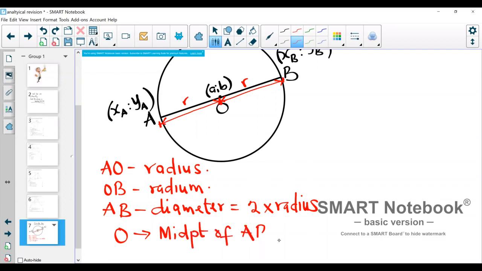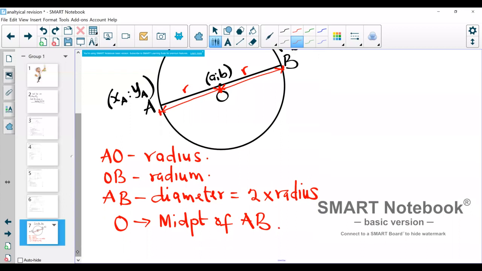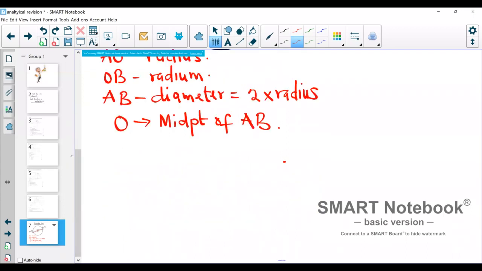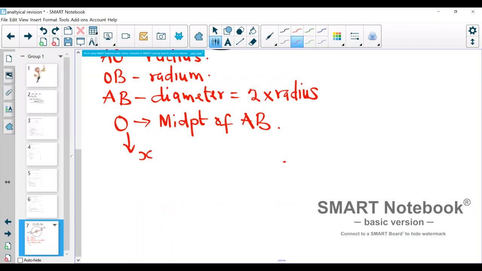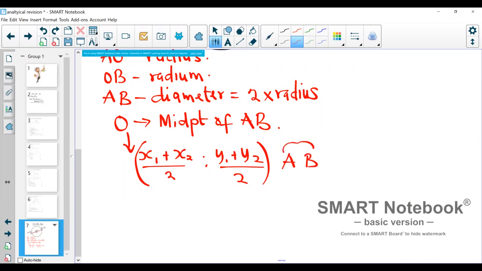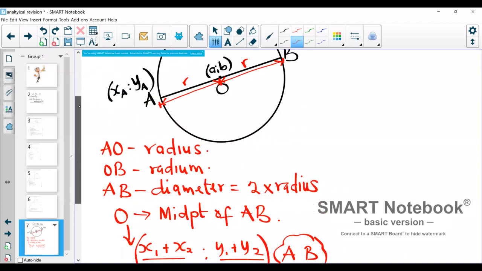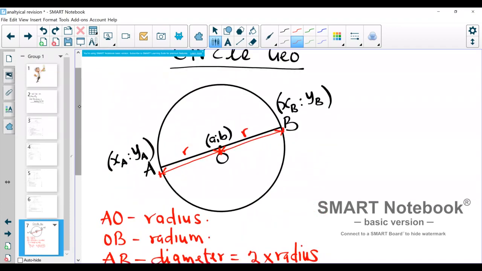And when I say O is the midpoint of AB, automatically you know what I mean: that here we are going to have x1 plus x2 over 2, y1 plus y2 over 2, using A and B as the 2 points. Is that fine with us? That's the first thing that we need to quickly know about circles. We've not even done geometry at all. We're just looking at circles.